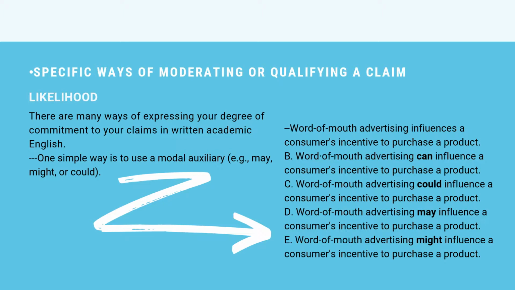For example, in the sentence, word of mouth advertising influences a consumer's incentive to purchase a product, you could say, word of mouth advertising can influence a consumer's incentive to purchase a product. Or, word of mouth advertising could influence a consumer's incentive to purchase a product, or with may or might, as you can see in the examples.